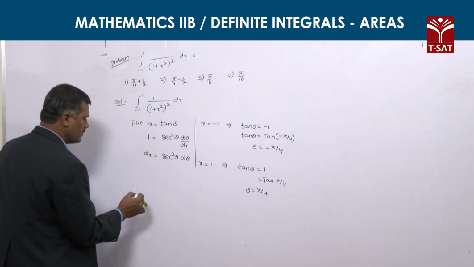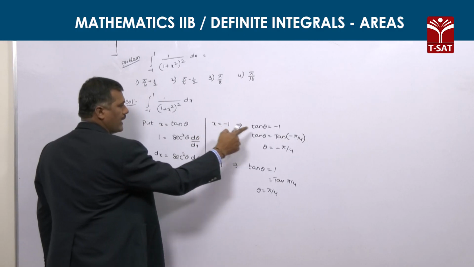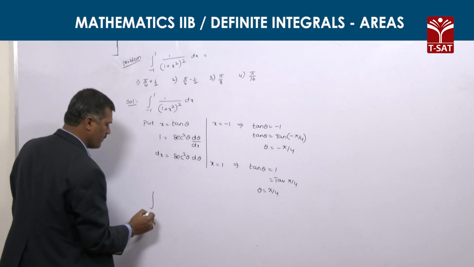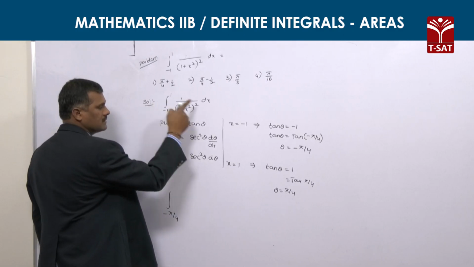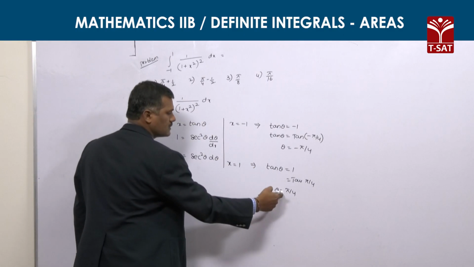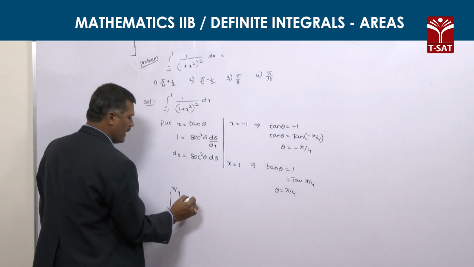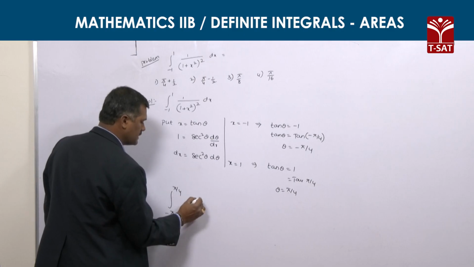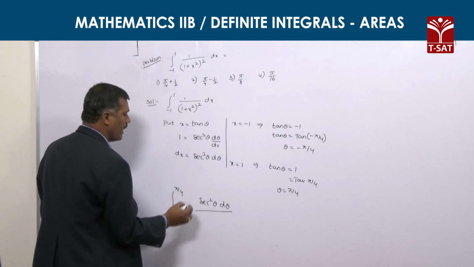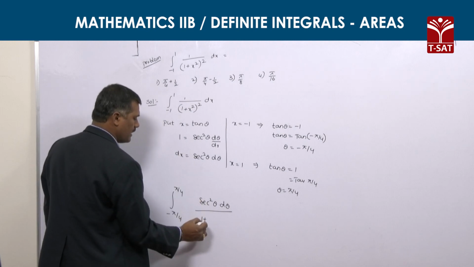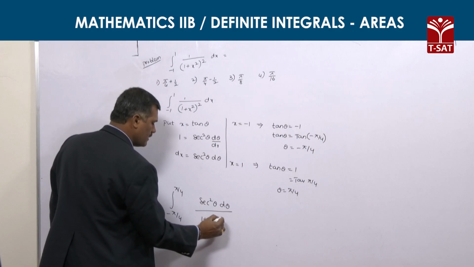Now the integral becomes, when you are substituting x is equal to minus 1, theta is equal to minus pi by 4, so minus pi by 4 is the lower limit. For x equal to the upper limit, theta is equal to the upper limit pi by 4. dx is equal to secant square theta d theta, and 1 plus x square is 1 plus tan square theta, whole square.